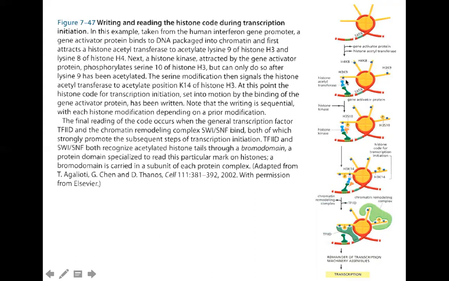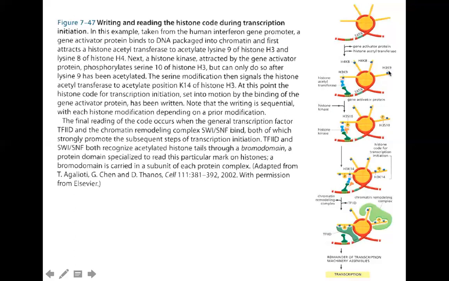K means it's lysine. So that would be acetylated, and it would be acetylated on both the histone tails. We have a pair of these histone proteins. One H3 is on this side and one H3 is on the other side, and the DNA is wrapped around it. Both of them are acetylated by this histone acetyltransferase, and this histone acetyltransferase also acetylates the eighth lysine on the H4 tails. These are the two H4 tails, one on this side and one on the other side.